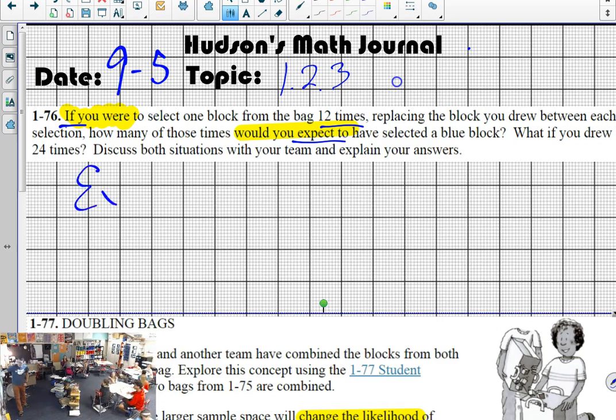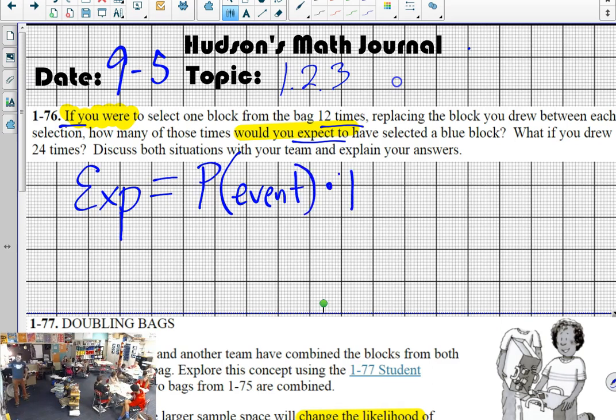To find an expected outcome, if you don't have anything written down for 176, I would definitely do this. You take the probability of that event and multiply it by how many trials you're going to run. And a trial is every time you do something. So here, there are 12 trials, and you already found the probability of blue.